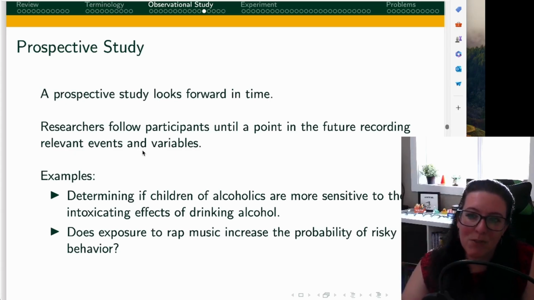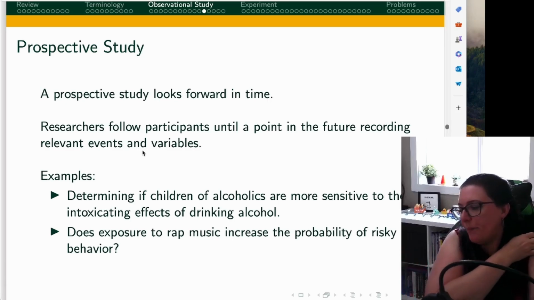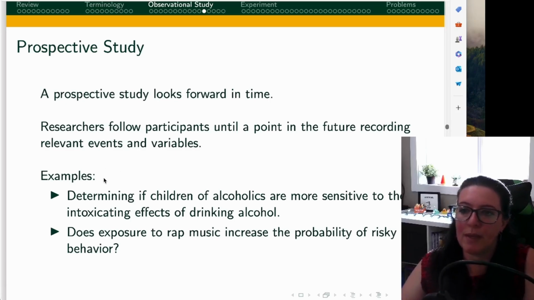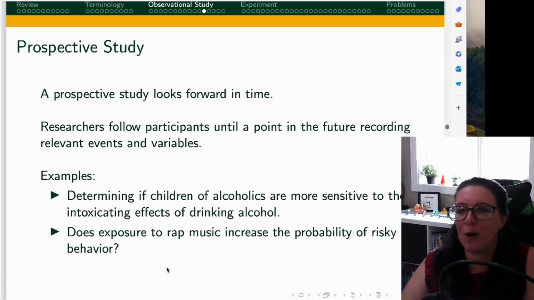It's not experimental design because people are choosing the behaviors and the activities, and we're simply observing and recording for our group that is exposed to rap music by choice, and those who don't want to expose themselves to rap music, to look at the difference between them.